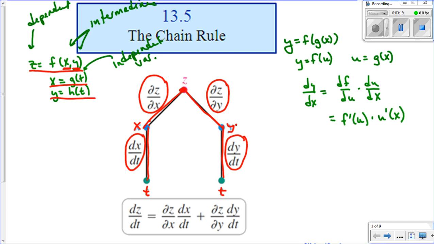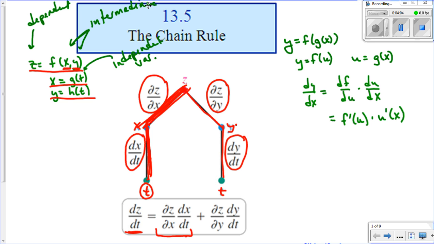So now the change in z with respect to t has two ways to be affected. Look at the different paths in this tree diagram that end with the t. We have a contribution to dz/dt from this path, and the amount of that contribution is the change in z with respect to x times the change in x with respect to t.